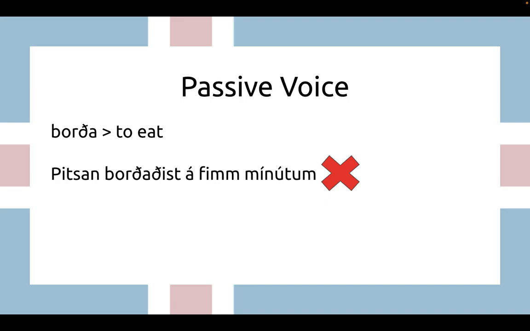In fact, it really doesn't make any sense at all. So that just goes back to my point that you don't get to just throw st on the end of any verb and expect it to work. Sometimes you can predict it and you'll predict it correctly, but you do kind of have to be careful because sometimes it just doesn't make sense. And borða is a good example of that.